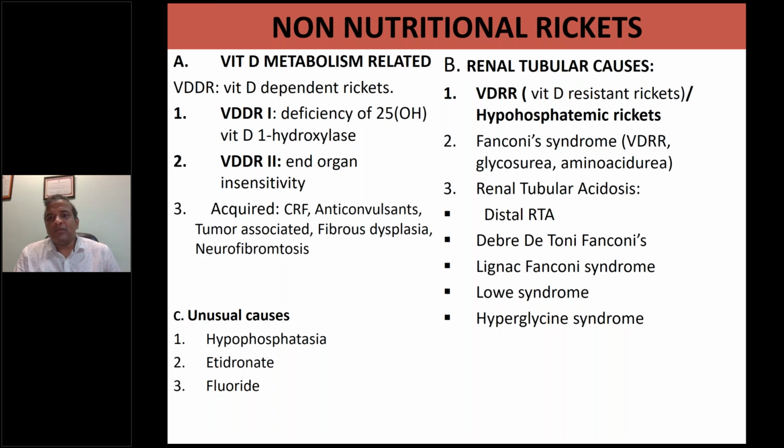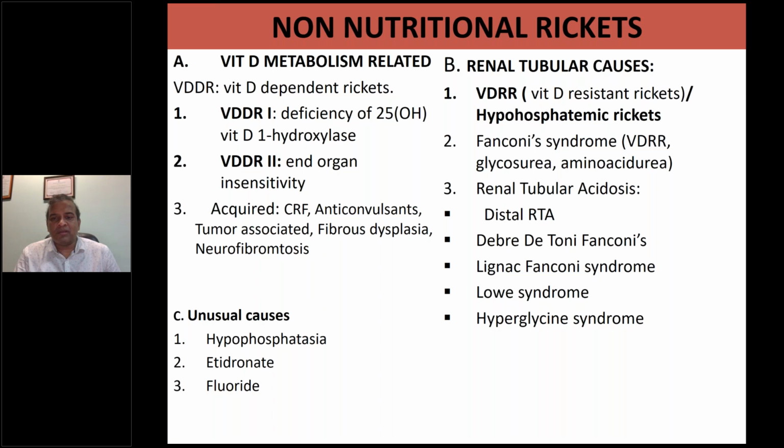Then the renal tubular rickets have one group known as vitamin D resistant rickets or hypophosphatemic rickets, which requires phosphate supplementation. Fanconi's group of syndromes has hypophosphatemic rickets with glycosuria and aminoaciduria. That's a syndrome of three things. Then renal tubular causes known as renal tubular acidosis.